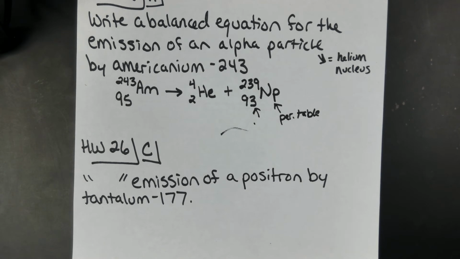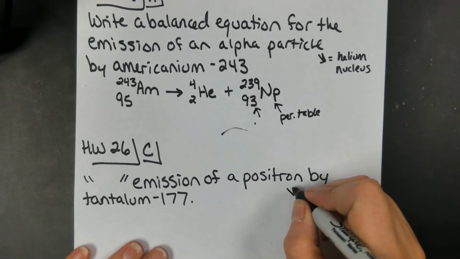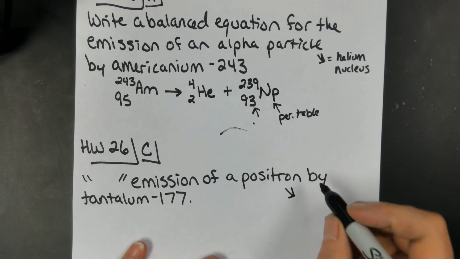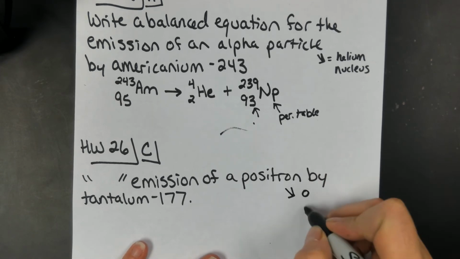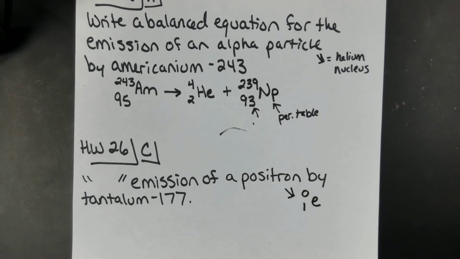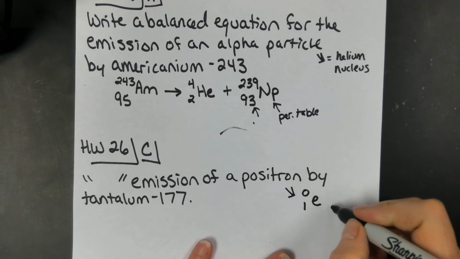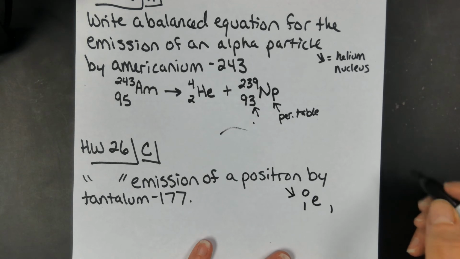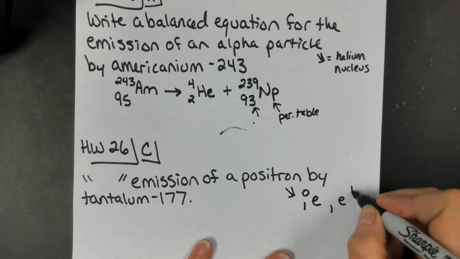So this is for part C. It says write a balanced equation for the emission of a positron. You're going to be given this on the exam, that a positron is the same as this, right? You could also write it this way.